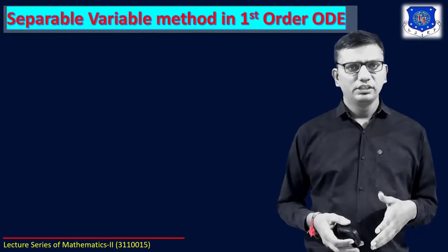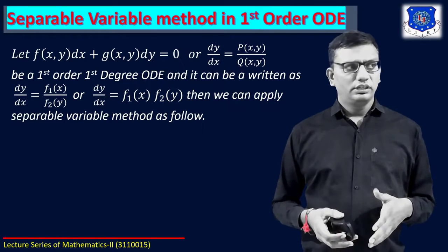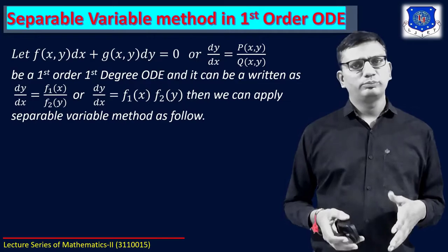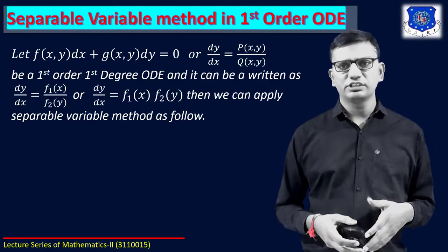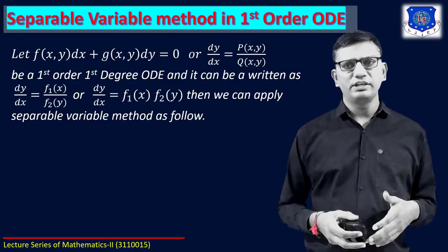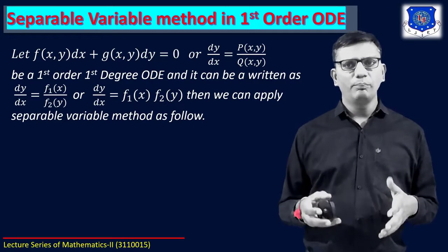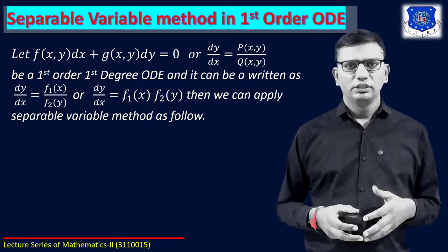How to apply it? First of all, f of x,y dx plus g of x,y dy be a first order first degree differential equation. It can be also written like this: dy by dx equal to p of x,y upon q of x,y.